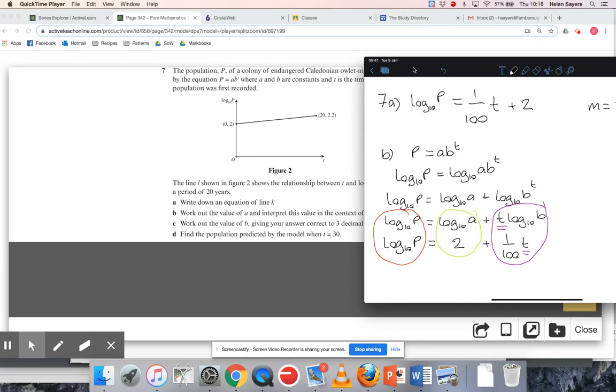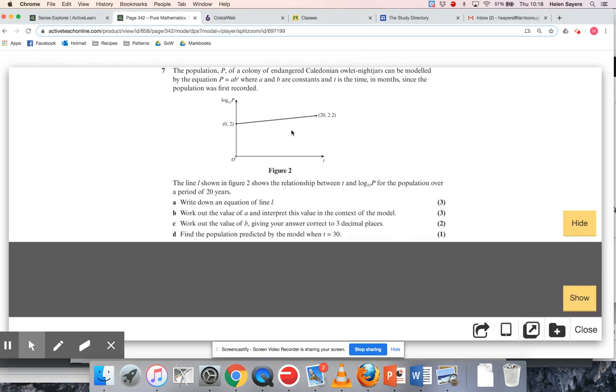They want me to work out the value of a. Looking at this, log to the base 10 of a is 2, so a is 10 to the power of 2, which is 100. That's the value of a. Then they want me to interpret this in the context of the model. a is going to be the value of p, the population, when t is 0.